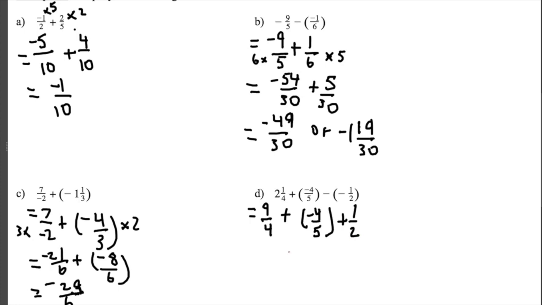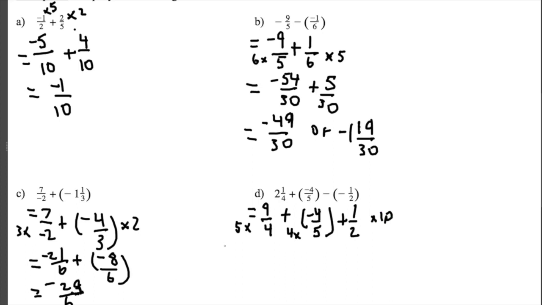Alright, so we want to try to get to a common multiple between all 3 numbers. A common multiple between 4, 5, and 2 would be 20. So to get to 20, we're going to multiply this side by 5. We're going to multiply the middle by 4. And then we're going to multiply this by 10.